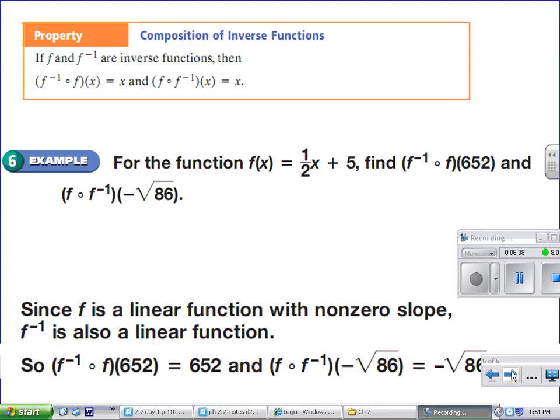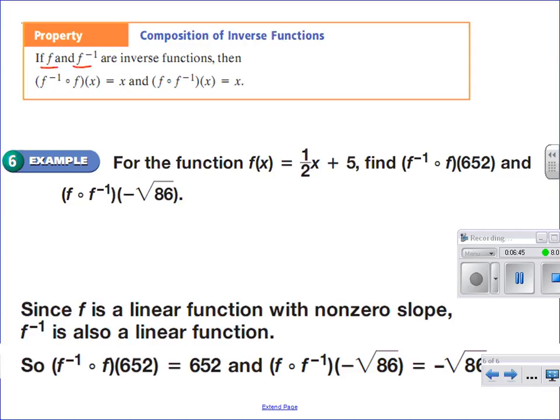So if the original function f and its inverse are inverse functions, then we can say the inverse composed with the original is x. You compose that all together, and you get whatever is in this slot.